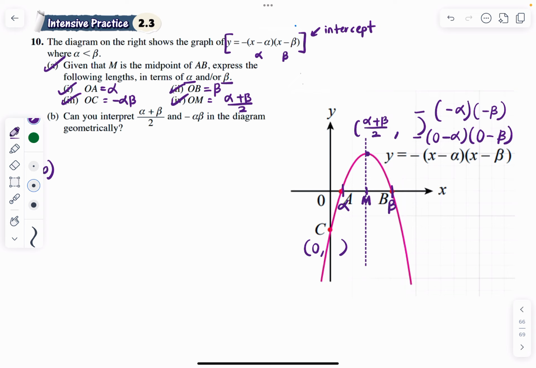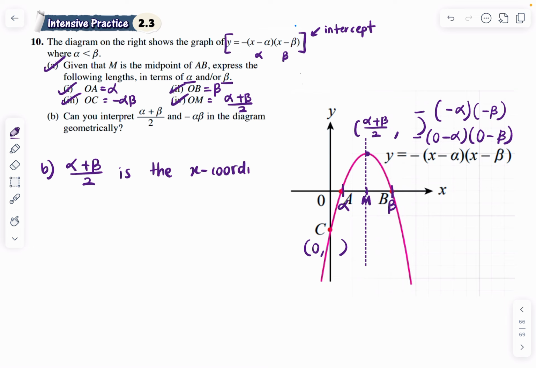Okay, so the x value of the vertex would be alpha plus beta over 2, aka the midpoint. So you can say alpha plus beta over 2 is the x coordinate of the vertex, or you can say of the maximum point.